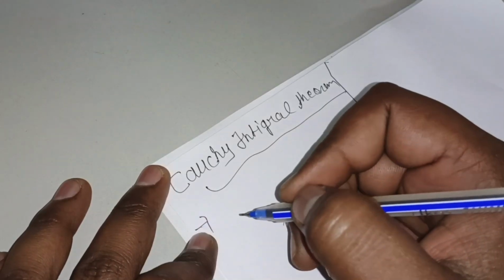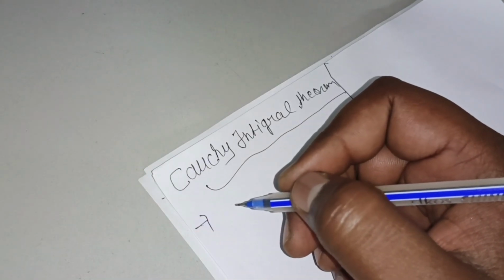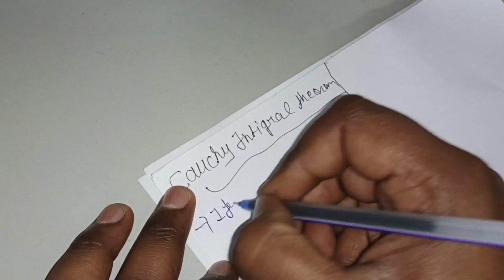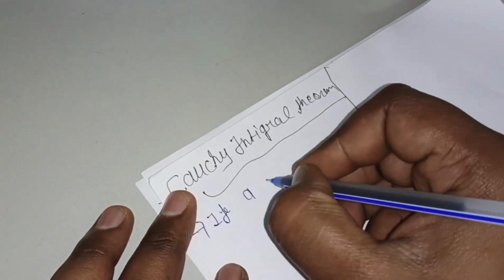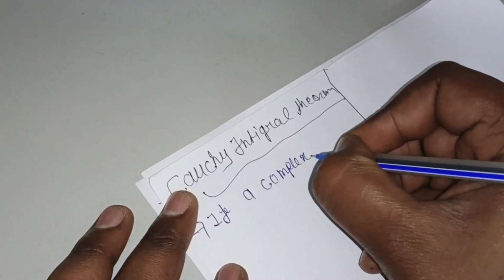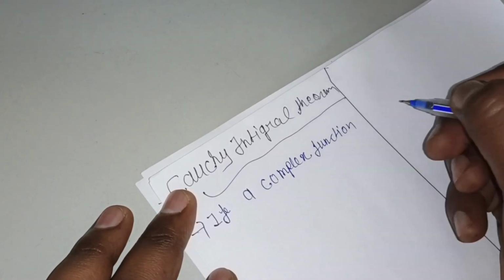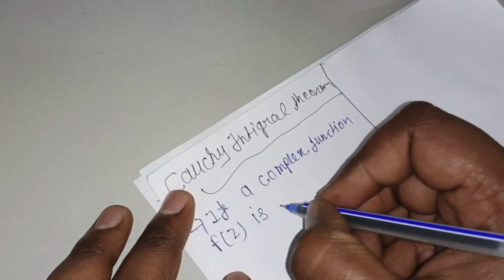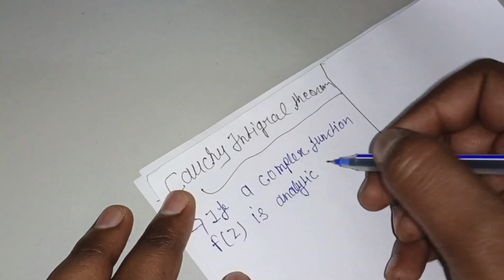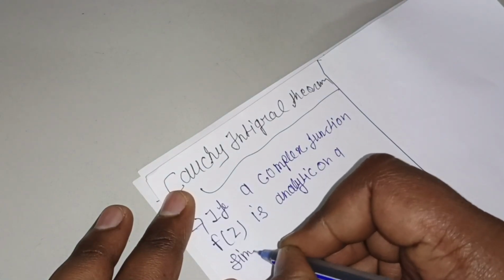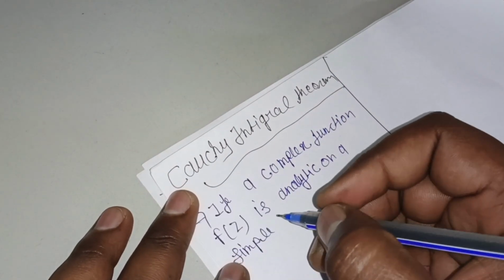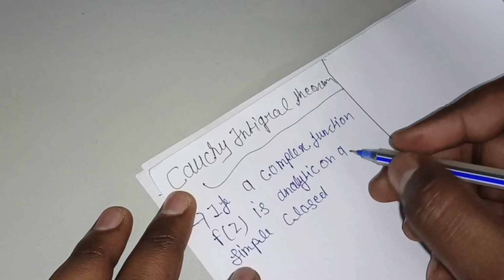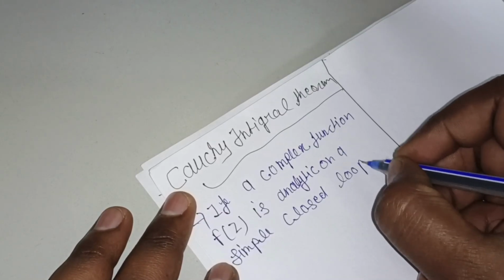What Cauchy says is, if a complex function f(z) is analytic on a simple closed contour, or closed loop, because I prefer to say loop.